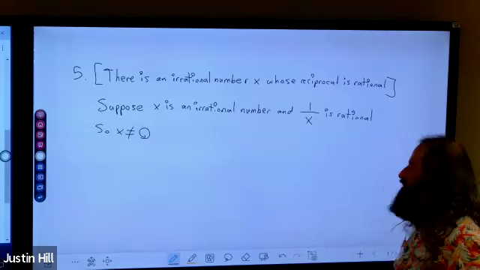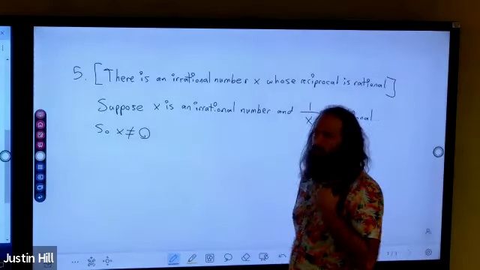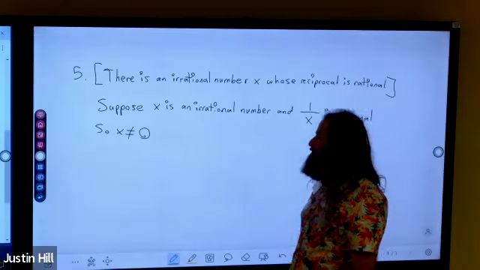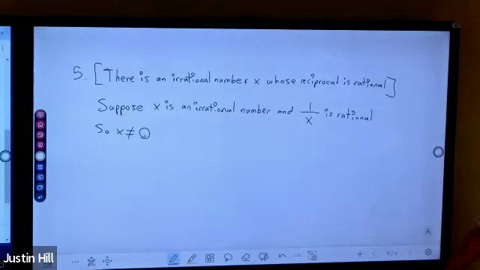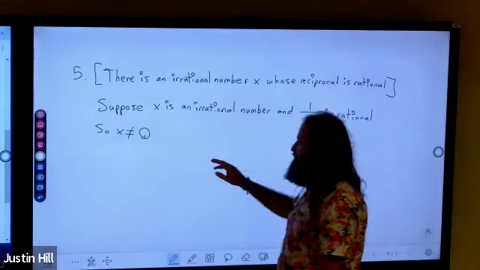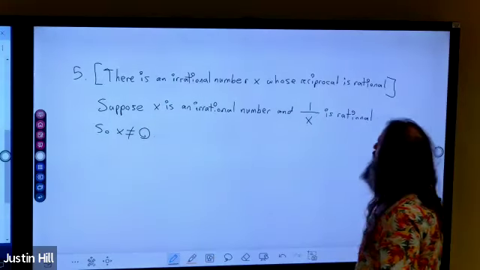You needed it also in the contrapositive version, so we know x doesn't equal 0. Maybe this is obvious to the reader, but maybe not. It's irrational, so it can't be 0. Also, you're doing a reciprocal and you can't divide by 0. So x can't equal 0. That's fine.